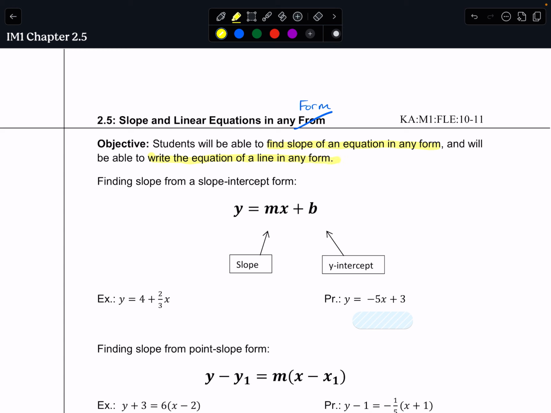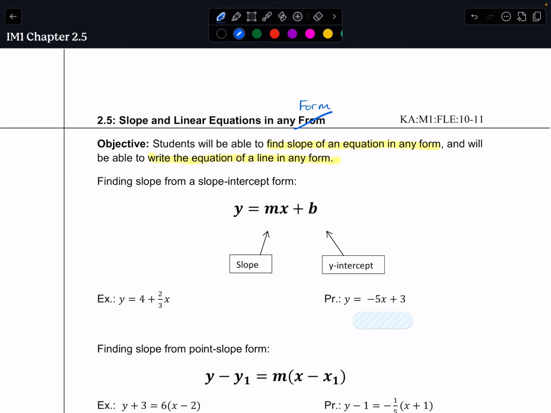So remember, we saw 3 different forms: slope-intercept, point-slope, and standard, or it might be some non-standard form. Any form of line you should be able to work with now. So let's say that you want to find the slope of a line, and the line is given in slope-intercept form. Remember, that's y equals mx plus b form.